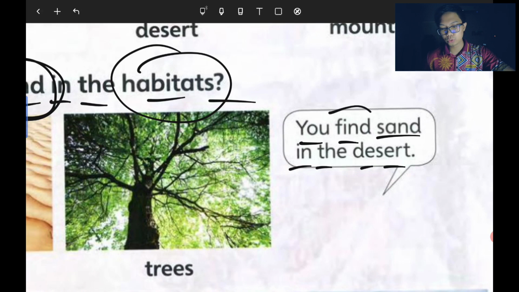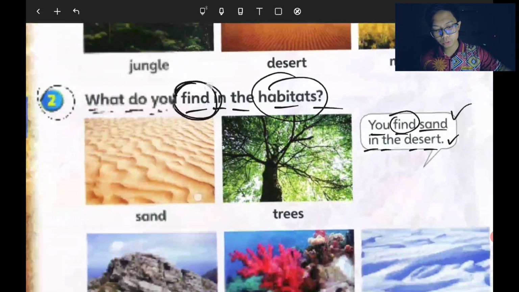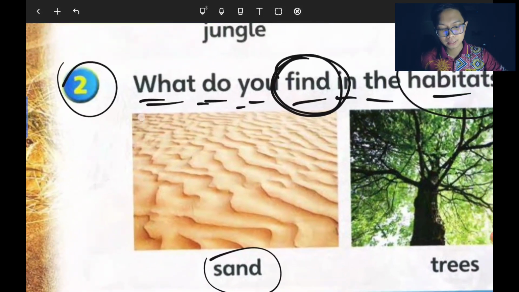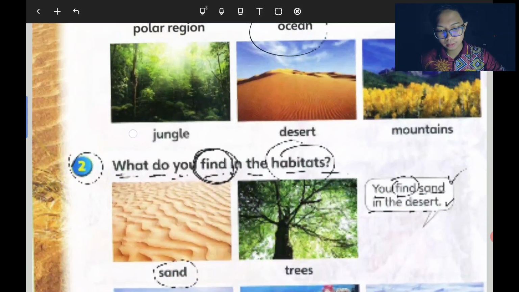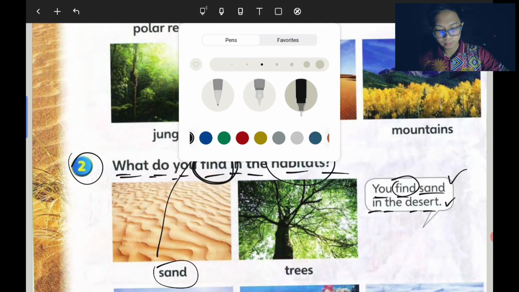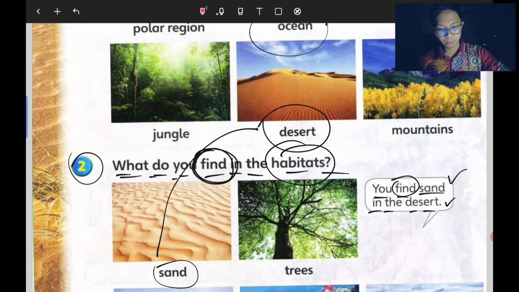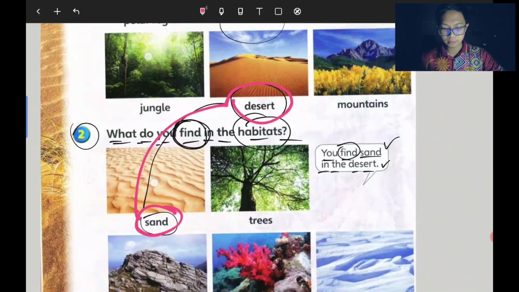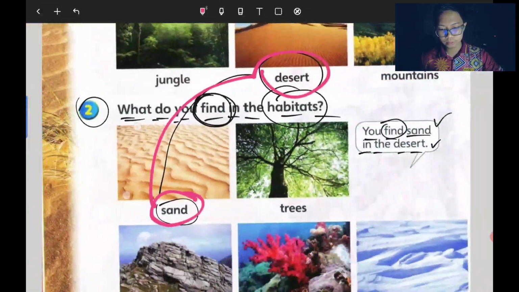Kamu boleh jumpa pasir di padang gurun. Are you sure? Look at this. Sand, pasir. Kamu boleh jumpa di desert right here. Okay. Let me use pink. So the sand you can find in the desert. So that's the first one.